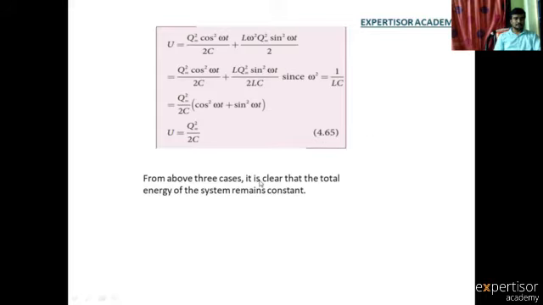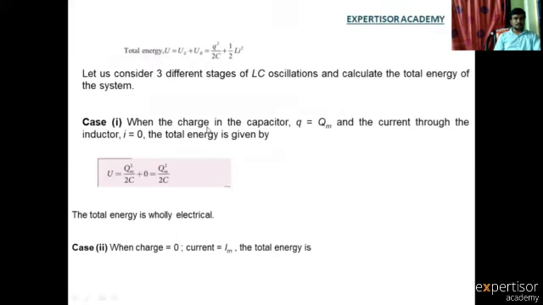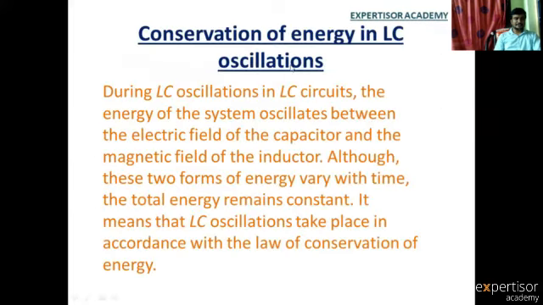From the above three cases, it is clear that the total energy is equal to Q square by 2C. That means the magnitude of energy has no change in the three cases.